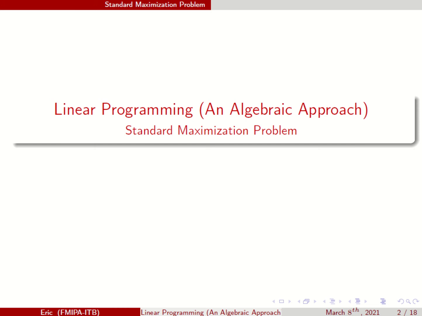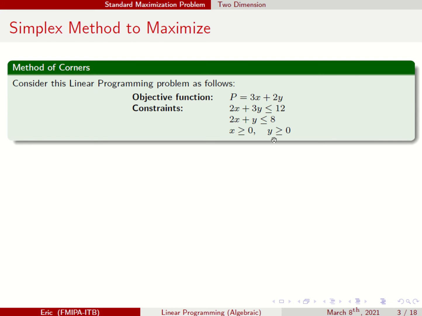First, we will talk about the standard maximization problem in linear programming for n variables, where n can be greater than 2. We would like to recall first the method of corners. If I have this linear programming problem, I have to draw the domain that satisfies all the constraints, which we usually call the feasible set.